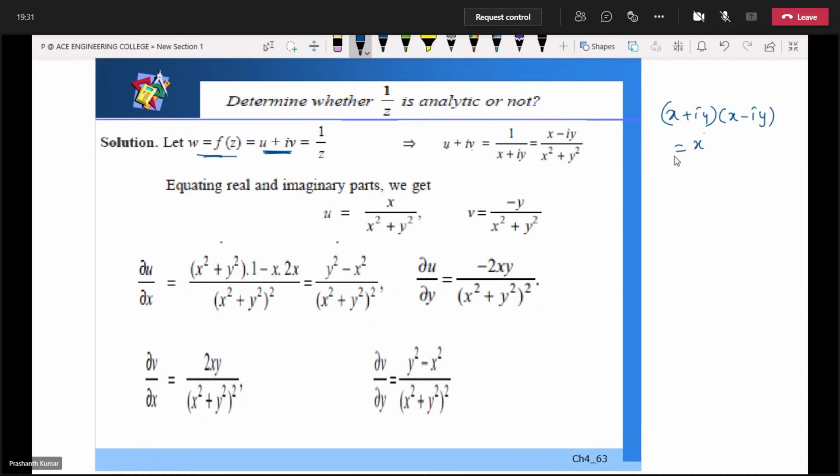This is a plus b into a minus b, a square minus b square, but i square is minus 1, therefore x square plus y square you will get. So u is equal to x by x square plus y square, and v is equal to minus y by x square plus y square.